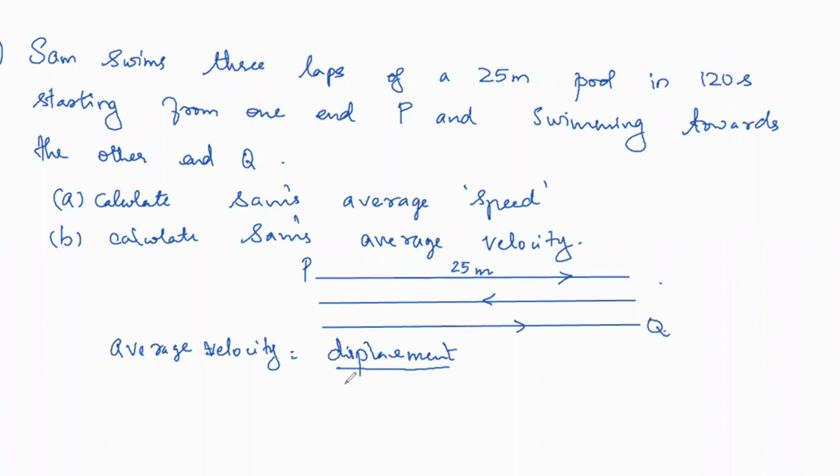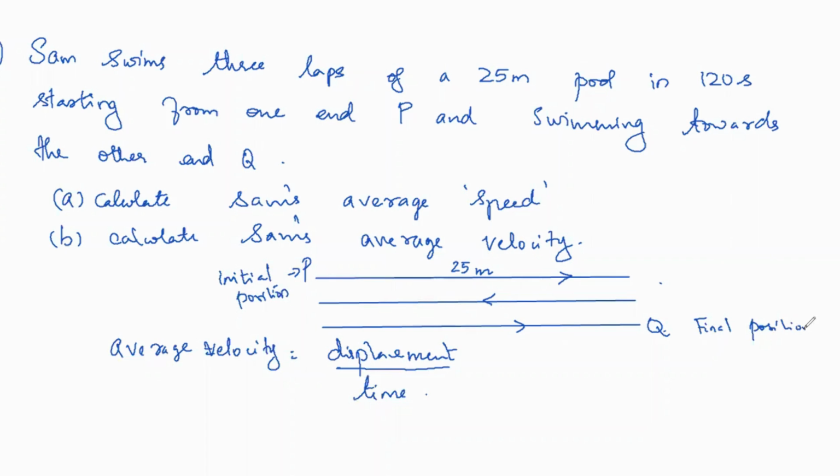Here it is velocity, so we need to use displacement over time. The path taken by Sam is given in this diagram. The initial position was at P and the final position was at Q.